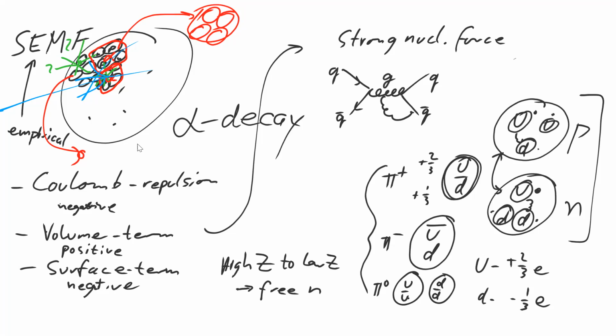Like I've said, if we go from, for example, uranium to the two daughter nuclei, those daughter nuclei are less neutron rich, and so there are maybe 3 neutrons left over as well. And so that's where neutrons might come from.